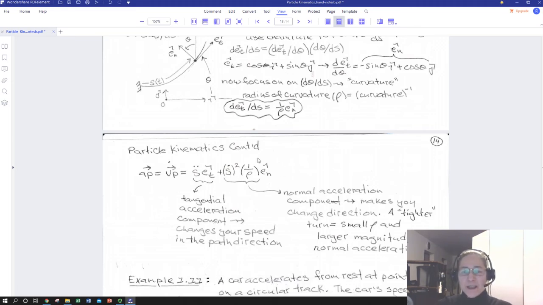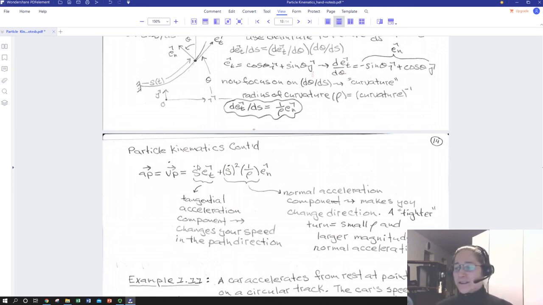This other term is the normal, and this is the term that makes you change direction. So if the road turns and you're going a certain speed and you've got a road with this radius of curvature, this is the acceleration that something has to be providing or you're not going to make the turn. This is the normal acceleration that has to be provided in order to travel on that path. That's what defines the path.